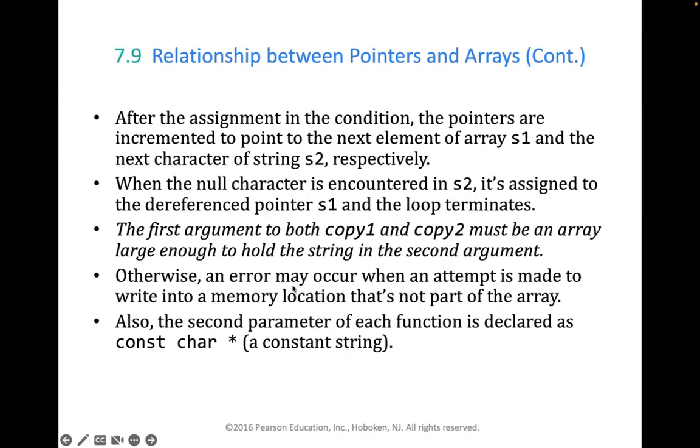For this one, we talked about this before. The first argument to both copy1 and copy2 must be an array large enough to hold the second argument. Otherwise, an error may occur when an attempt is made to write into a memory location that is not allocated.